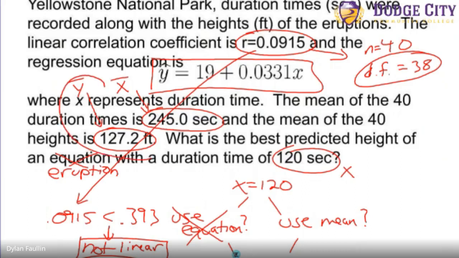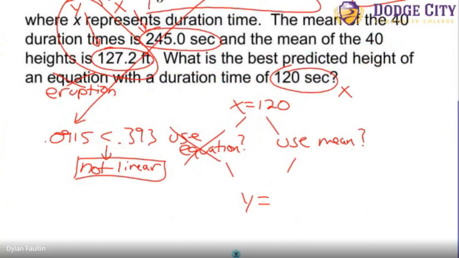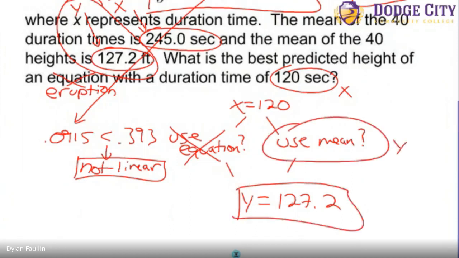You want the one for the y variable, because you're trying to predict the y value. So use y bar to make a prediction about y. Our best predicted value for the height of the eruption would be the mean, 127.2, and that's the answer you would type into MyStatLab.